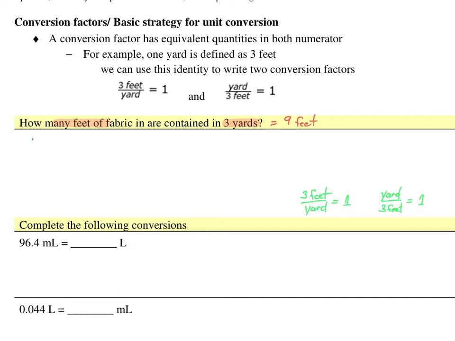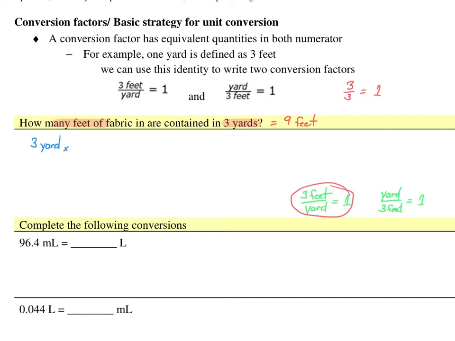Now, to start, we'll write down our initial number with its unit, 3 yards, and we choose the conversion factor that we will need in order to cancel out units of yards, which is our first one here. Yards divided by yards is equal to 1. The same way that 3 over 3 is going to cancel out to be numerically equal to 1, a yard divided by a yard is equal to 1.